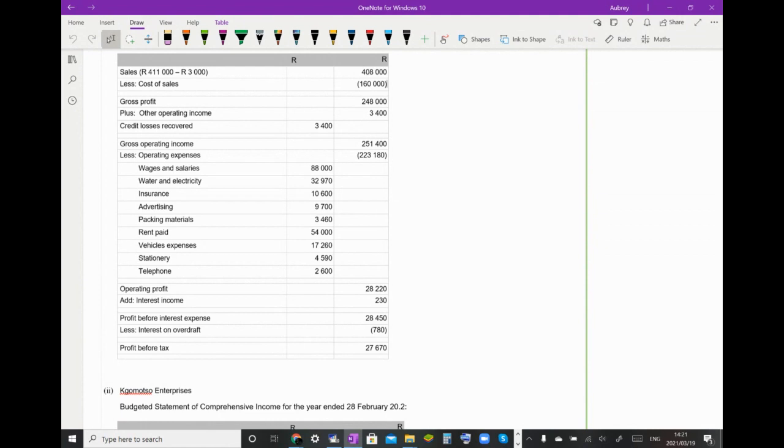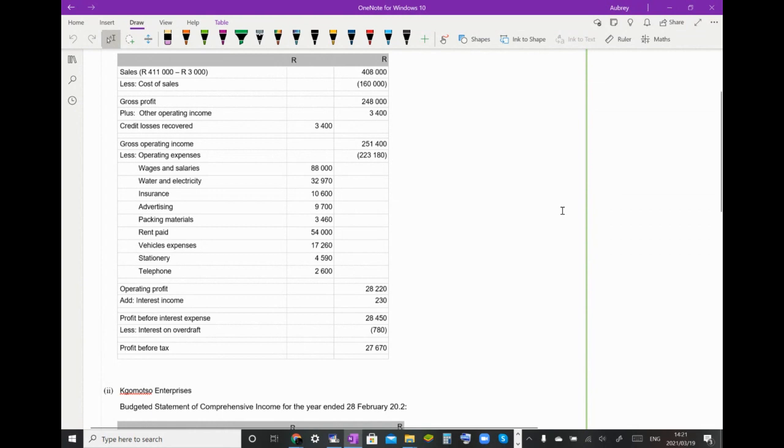That's obviously going to be used to calculate your gross profit, as you can see up top there. Then we have interest on overdraft. Okay, that's also another expense. And then stationery and telephone, also expenses. Okay, so it's really just plugging those things where they need to be, and then obviously putting together your income statement. All right, so there's no point in us doing that together.